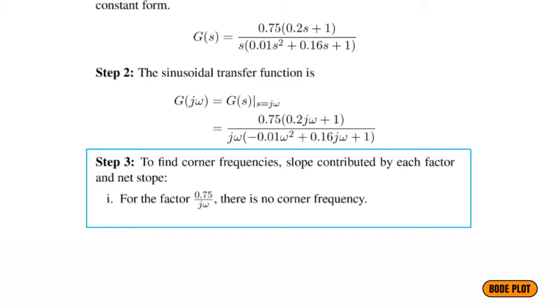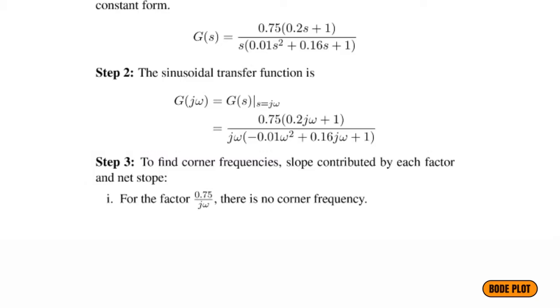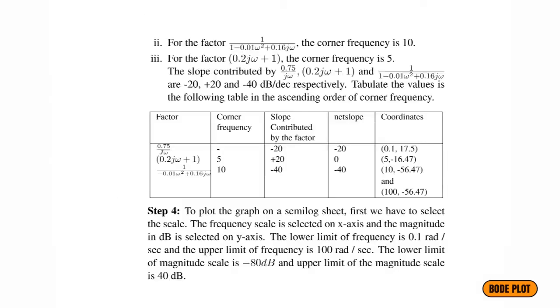For the quadratic factor, you cannot find tau directly, because here it is tau square and there it is 2 zeta tau. But if you take the square root of the tau square term, you will get tau. The corner frequency for this third factor is 10. It is written here. If you write these in ascending order, next slide.